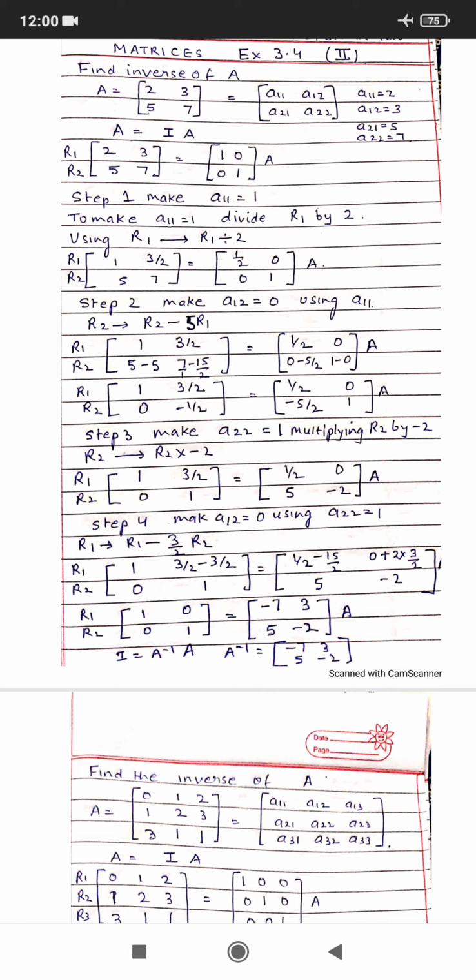We get R1 is equal to 1, 3 by 2 minus 3 by 2, and half minus 3 into 5 by 2, that is minus 15 by 2, then 0 minus 2 into 3 by 2, that is minus 3. So what do we get? Left side is [1, 0; 0, 1] and right side is [-7, 3; 5, -2]. So I is equal to A inverse A. So A inverse is [-7, 3; 5, -2].